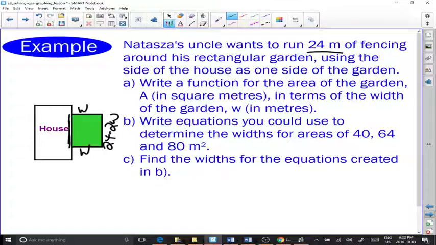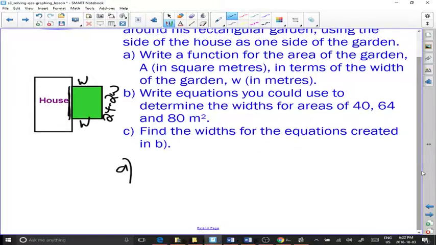Now, using that idea to figure out the function, it's going to be A for area. Area of a rectangle is length times width. The length is 24 minus 2W. The width is W. That's all there is to it.